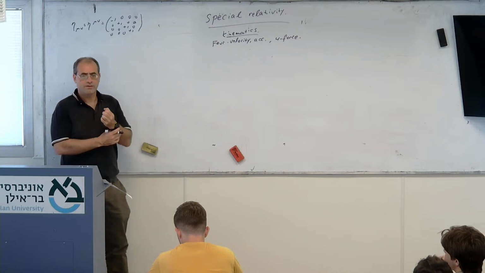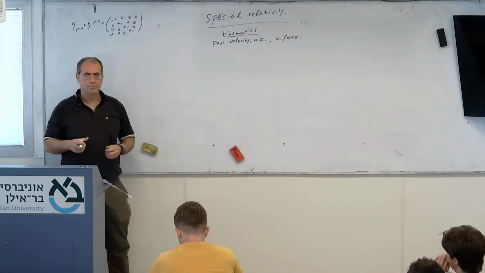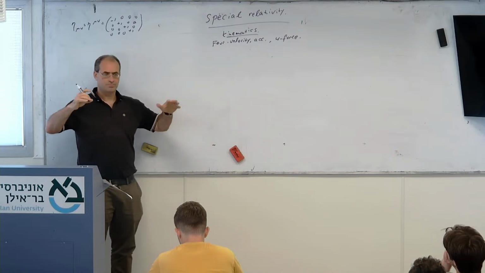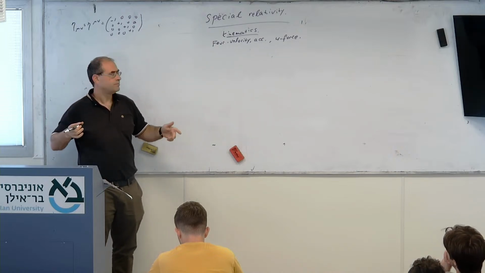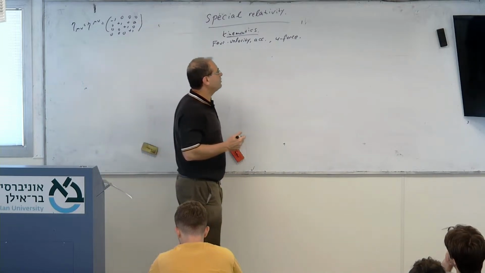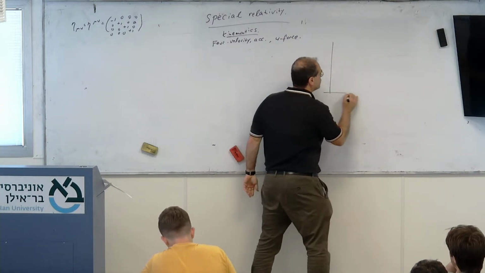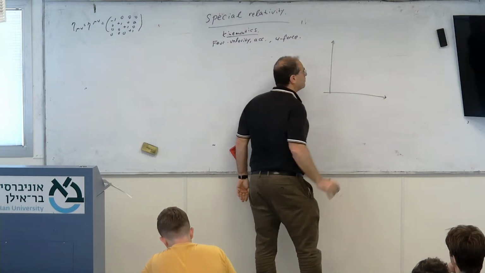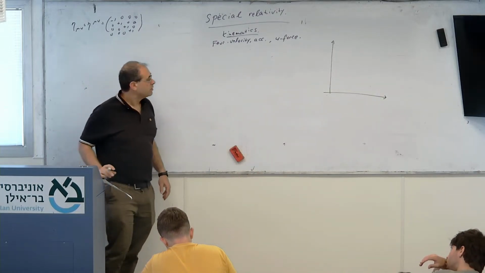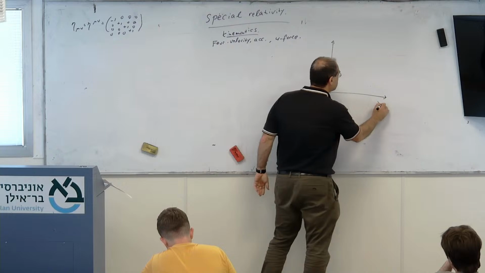In special relativity, that's not very useful, because t is a coordinate by itself, and these are all interconnected with each other via the metric. So the easiest way to think of it is to introduce the thing called the world line. We take all the spatial coordinates and put them on the x-axis, and on the y-axis we put the time.